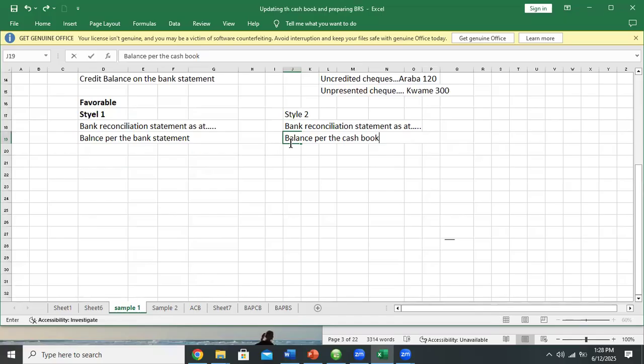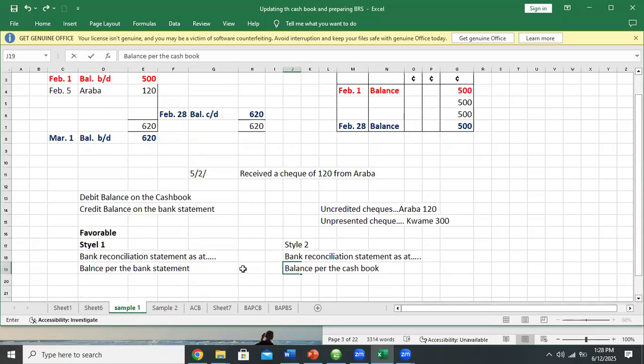And we have just realized that if you start with the balance per the bank statement, as shown in this scenario I have created here, which is 500, then what do you do to make sure that it's equal to the balance on the cash book?